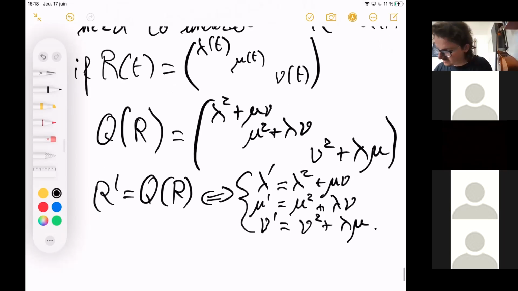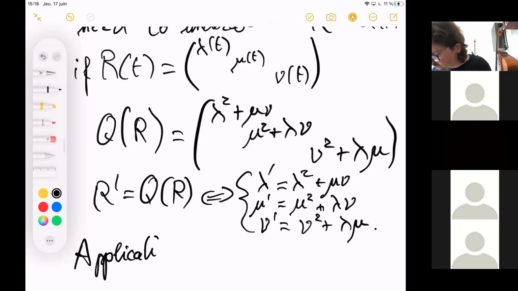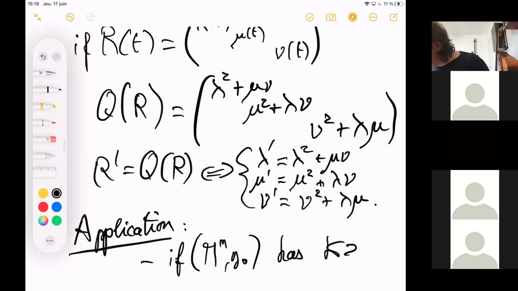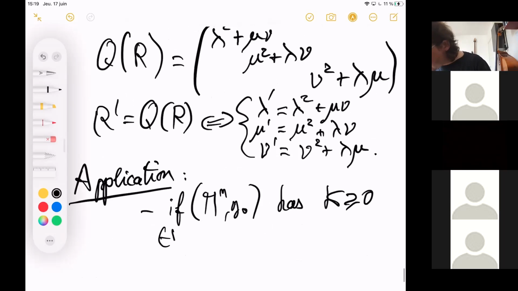But okay, an application of that, which my undergrads suffered on in my differential equations lectures: if (M, g0) has non-negative sectional curvature, then the Ricci flow g(t) also has non-negative sectional curvature.